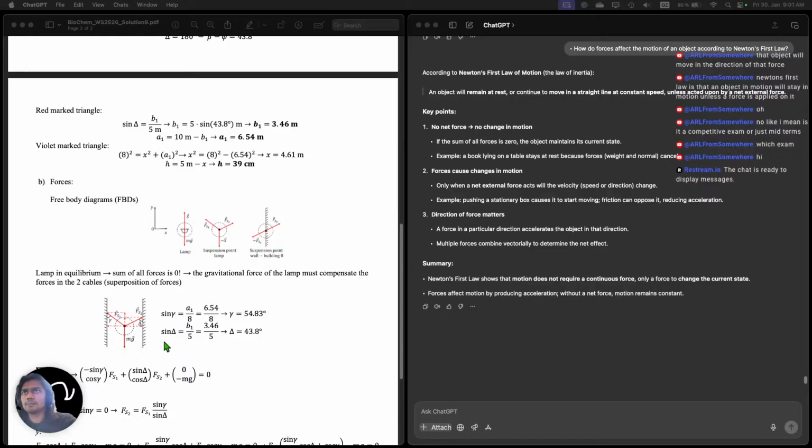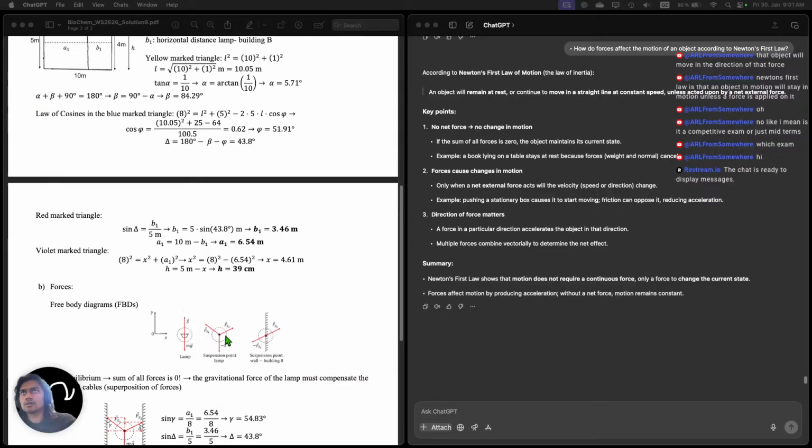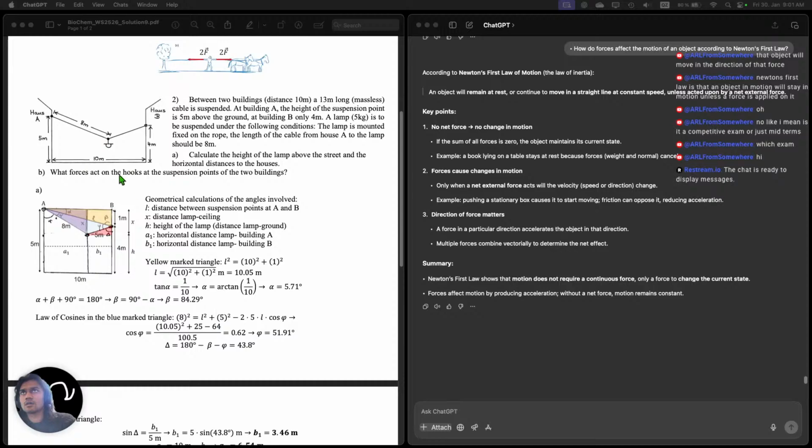Forgot the name. It's not lambda. Lambda is opposite. A1 by 8, 6.54 by 8, 54.83 degrees. Sine delta equals B1 by 5. Where's delta though? Okay, that's the delta.